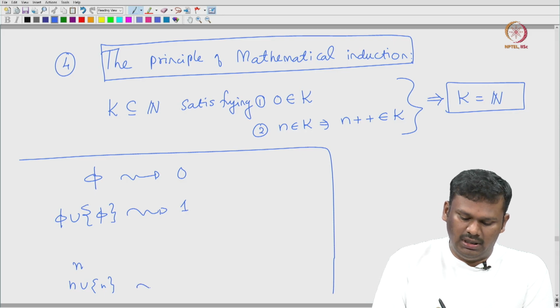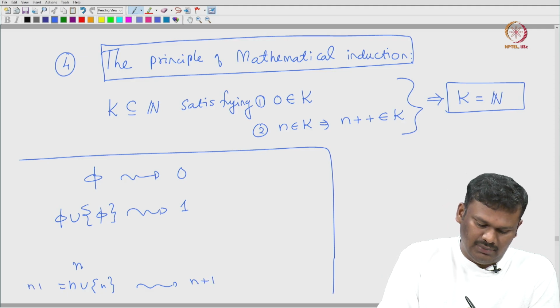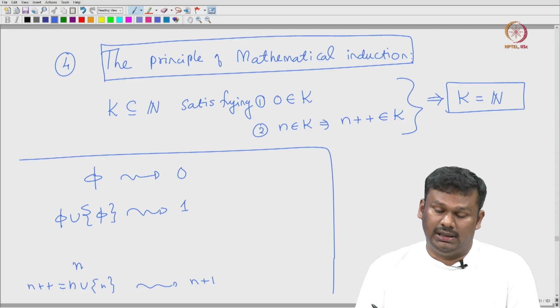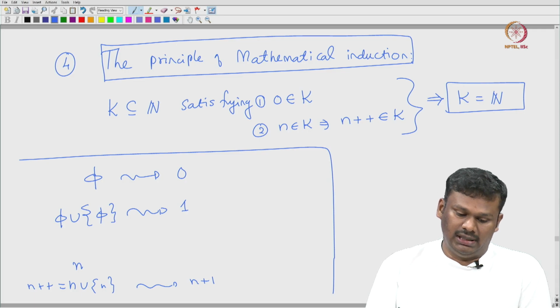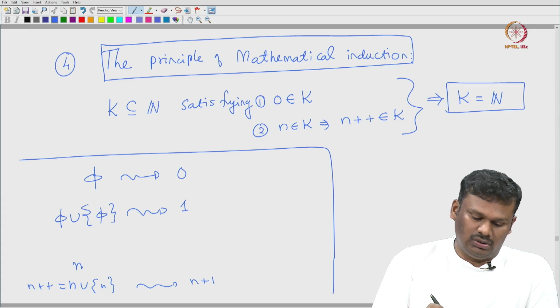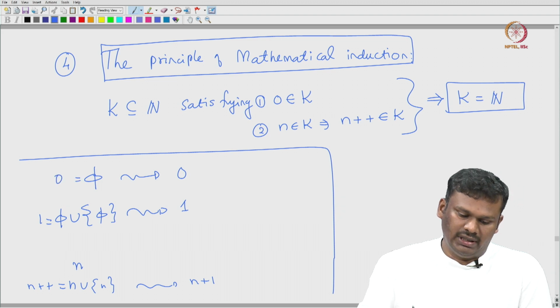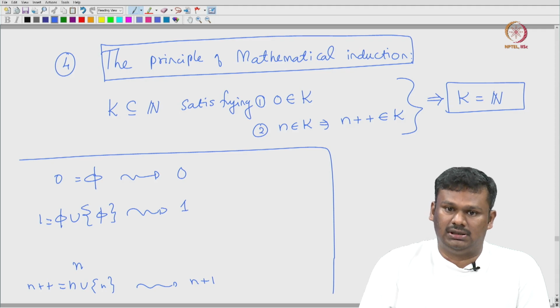That is going to be your successor, which is n plus 1, and this is my successor n plus plus. If I am starting with the empty set, then this procedure tells you that you can construct the collection, which you can denote like this is my 1 and this is my 0 and so on. Then inductively you have constructed these natural numbers.